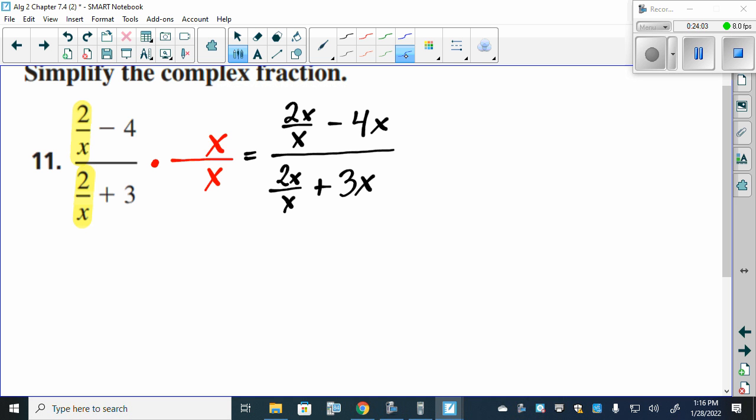Well, here, the x over x will cancel, and the x over x will cancel, leaving us with, well, on top, I'm going to move the negative 4x up front, and that'd be plus 2. So I really just switched the negative 4x and 2 to get this here. On bottom, we can say 3x plus 2.